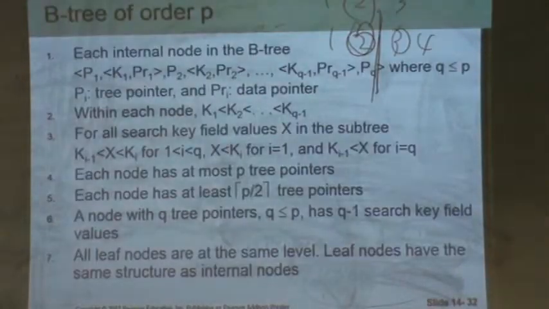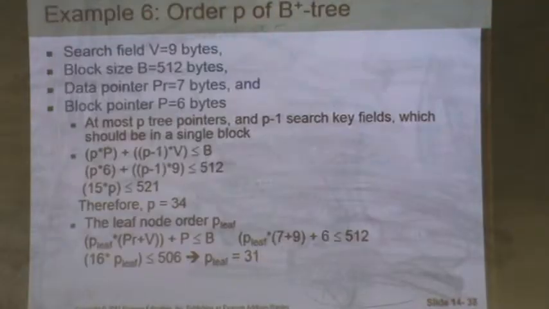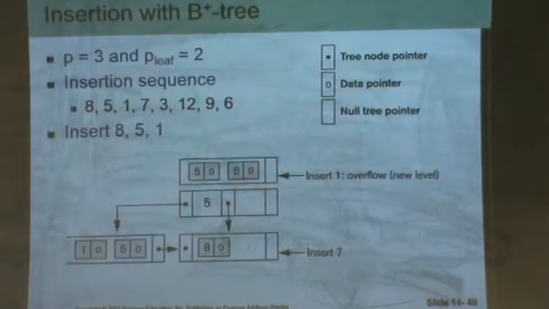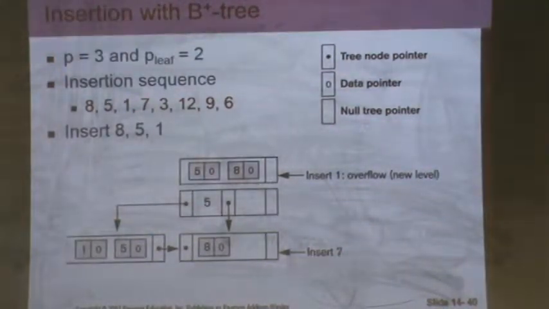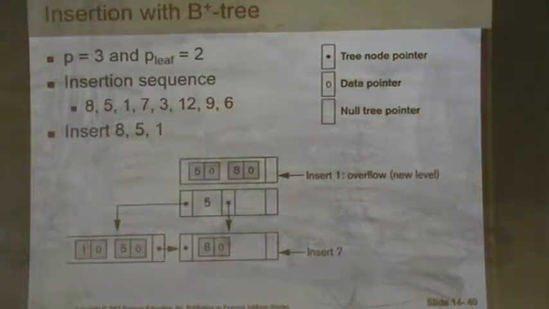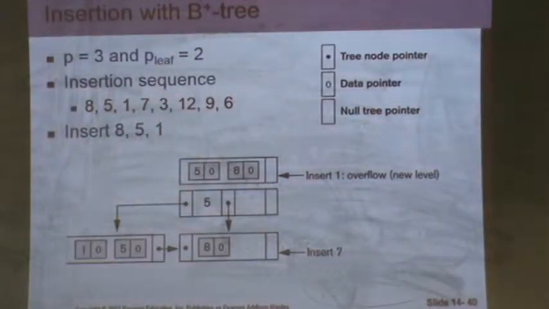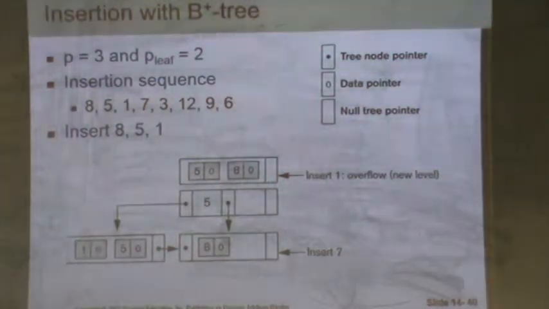Then let's see how we can build such a B plus tree indexing structure. First, we need to determine the node structure. So how many different nodes are in a B plus tree? 2 nodes. One is the internal node. It does not need a data pointer, only children pointers.